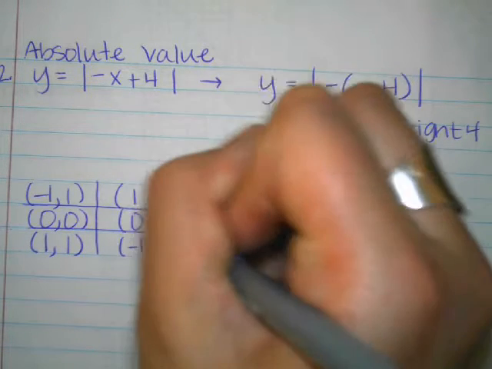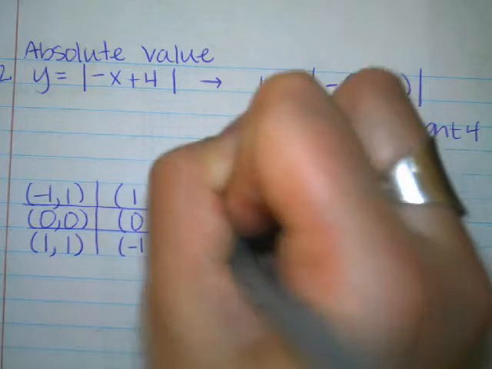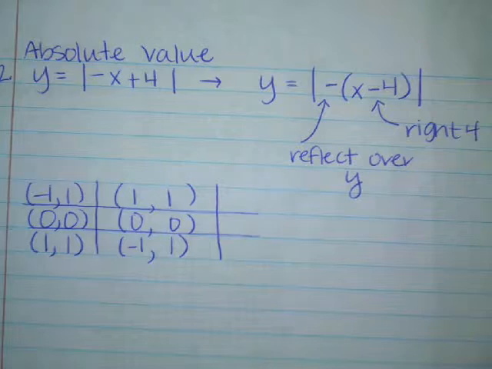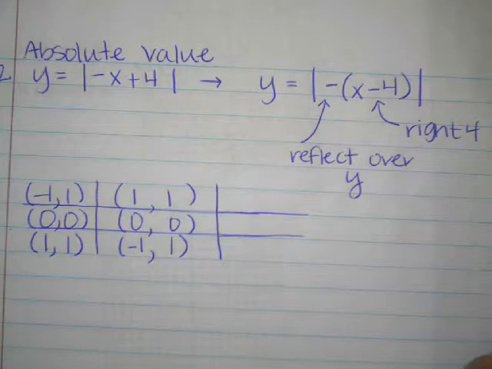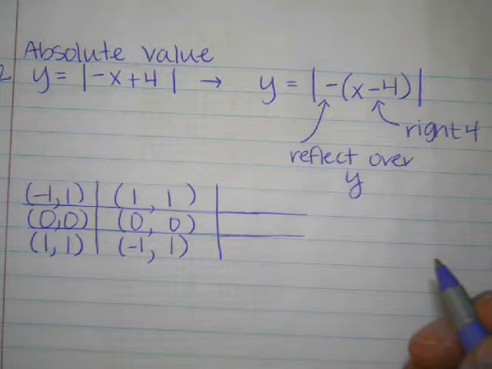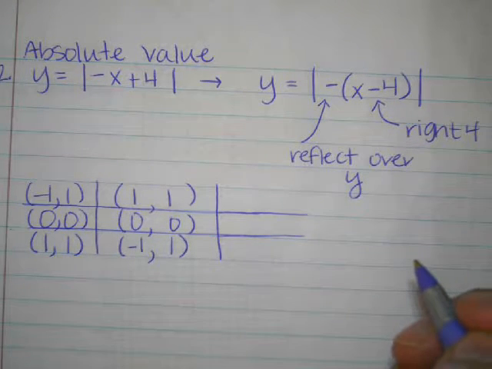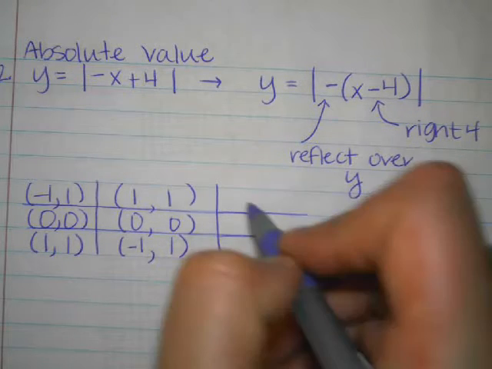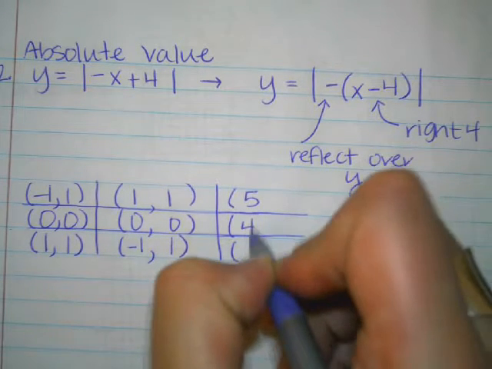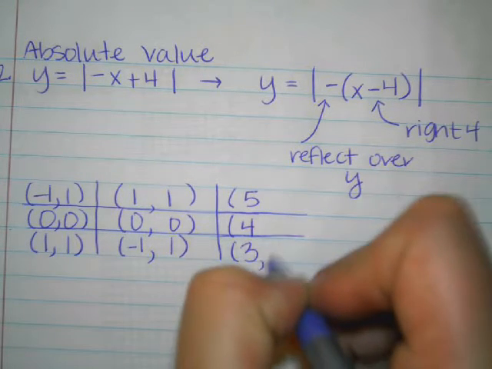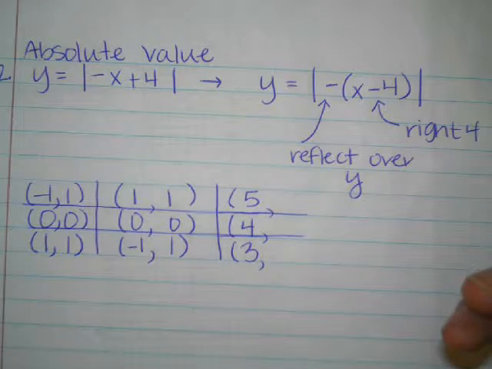No. And then I'm going to go ahead and move each point to the right 4. So what do I do? Add 4 to x. So 5, 4, 3. Did my y-coordinate change at all? No.